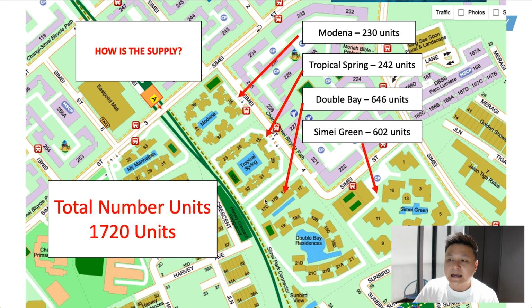In the whole entire area of Simei, if we add up those condo units that are near to MRT, it is a total of 1,720 units, which includes Modena, Tropical Spring, Double Bay, and Simei Green. So we will understand that the supply, as in the number of units available, is 1,720 units in Simei.